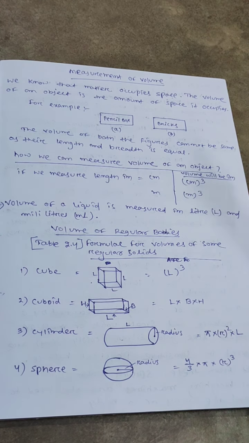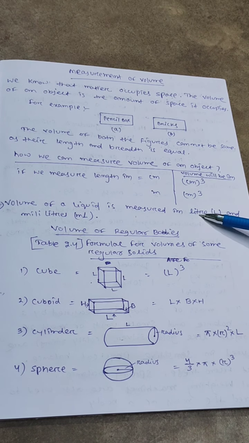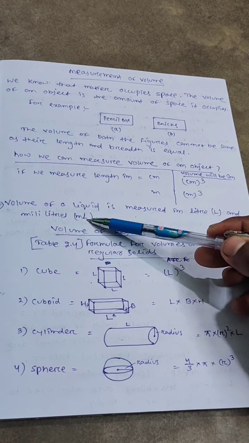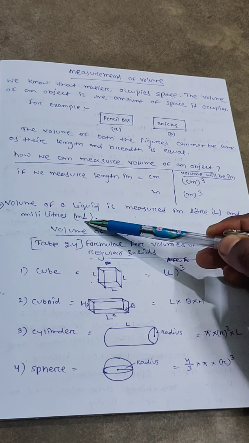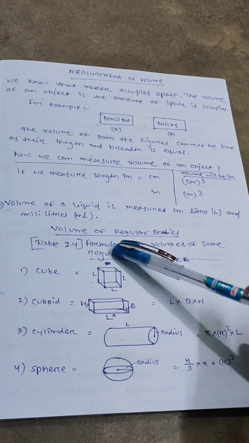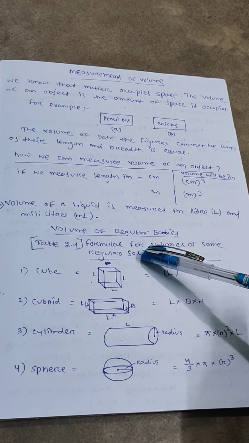And the volume of a liquid is generally measured in liter and milliliters. Milliliter is the smallest unit and the liter is above the milliliters.